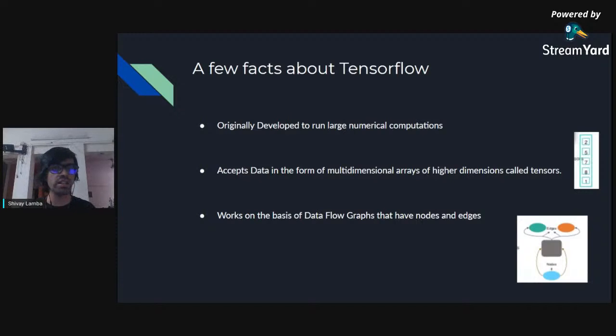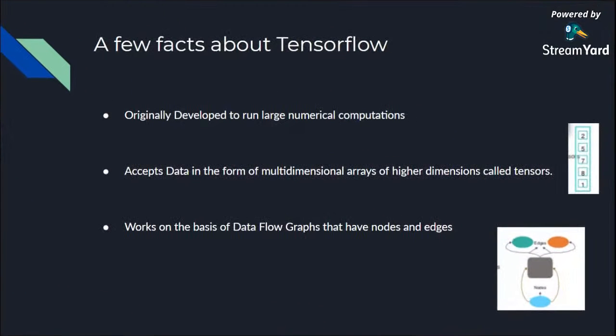Similarly, in a neural network, there is flow of information from an input node to the output nodes, and all the decisions on how that flow should work, that is where TensorFlow comes into the picture.